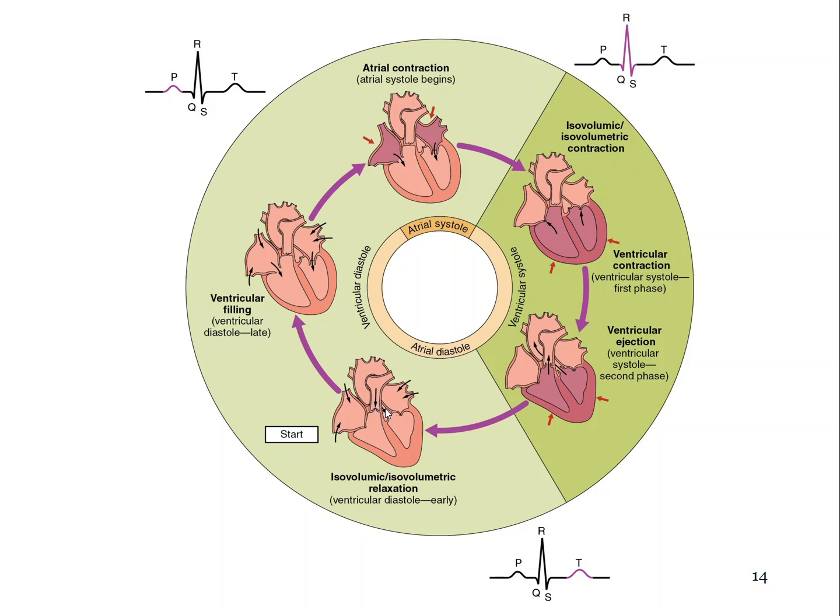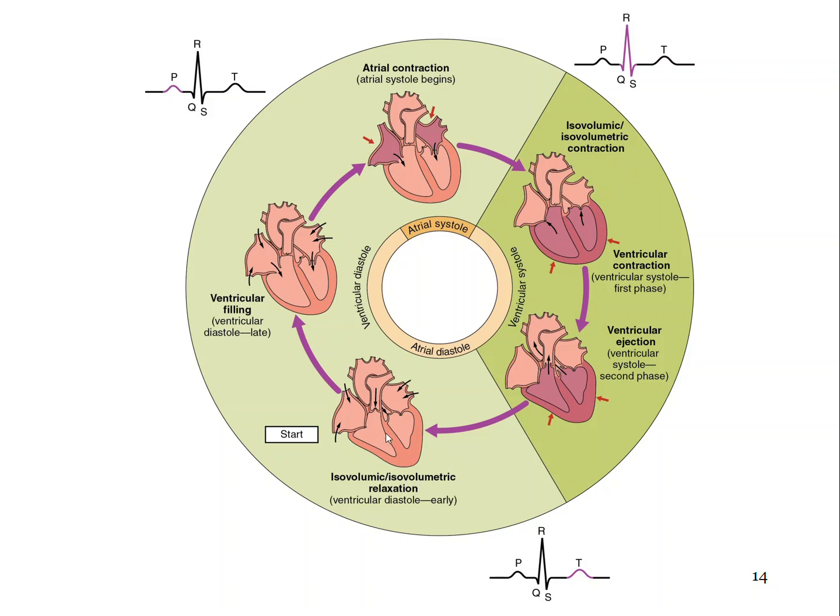They are all closed, and there is relaxation. That's why we call it isovolumic relaxation, because there is no inflow and no outflow of blood through the ventricle. And the length of the fiber is not changing, so that's why we also call it isometric relaxation.